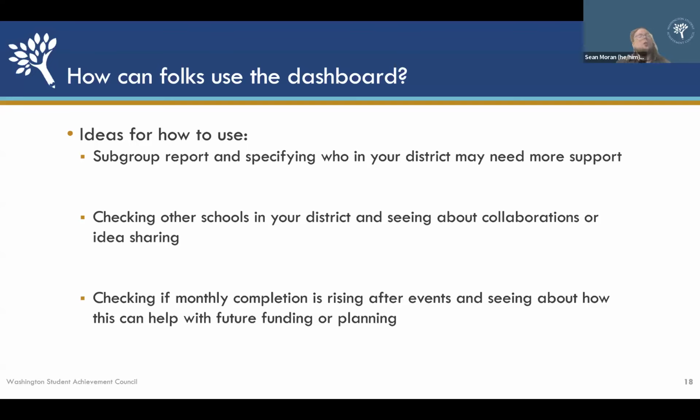Figure out who may not be getting the support needed and how can you incorporate other people, such as if foster youth has a divide or there's a large difference, then maybe looking into support from McKinney-Vento or passport liaisons in your district or area.